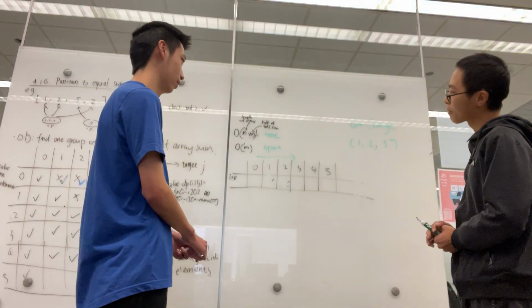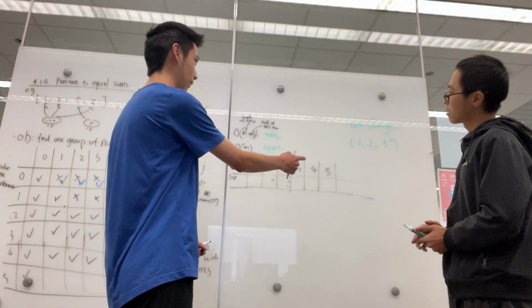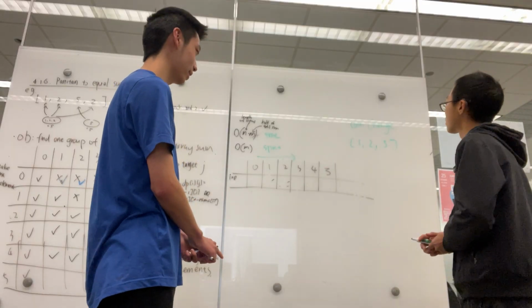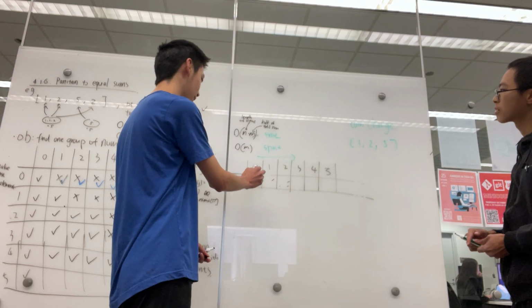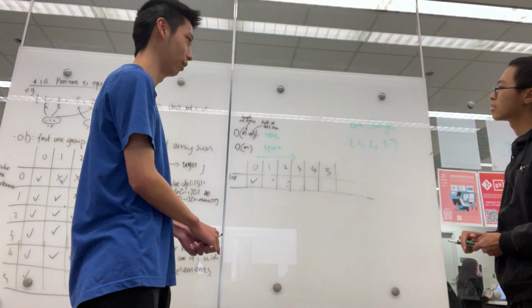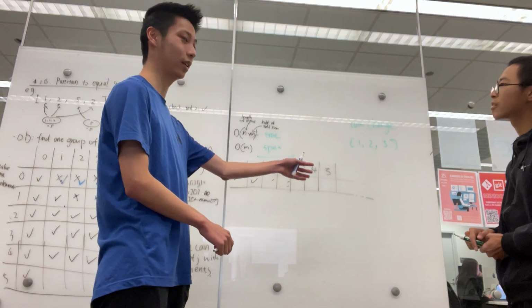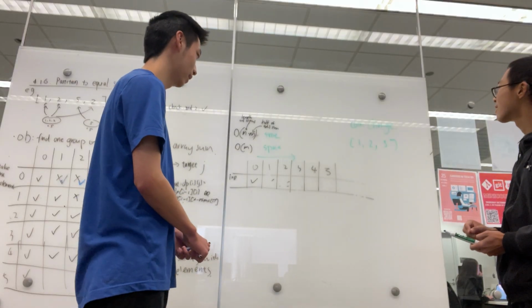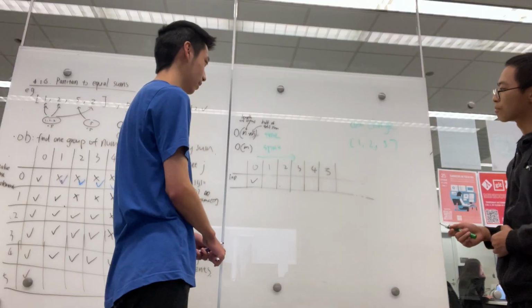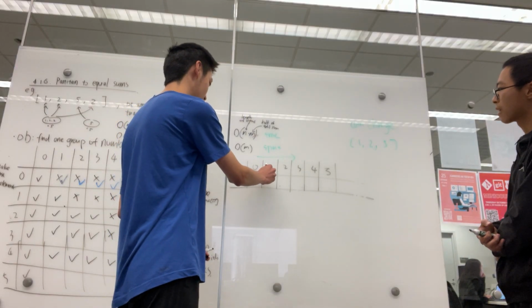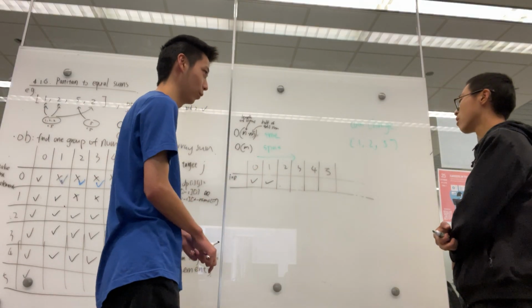So we have this coin change example. Again, we can always make 0 because we just don't include any of the coins. Now for 1, we look back 1, see that's true, so we can make 1.